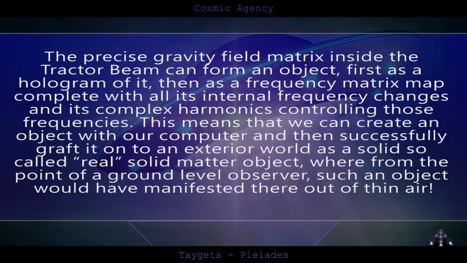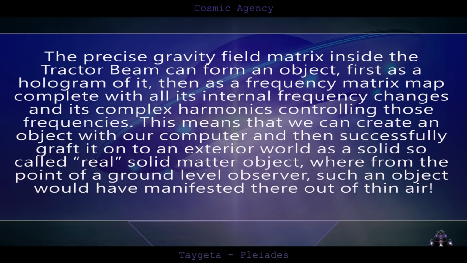The precise gravity field matrix inside the tractor beam can form an object, first as a hologram of it, then as a frequency matrix map complete with all its internal frequency changes and its complex harmonics controlling those frequencies.